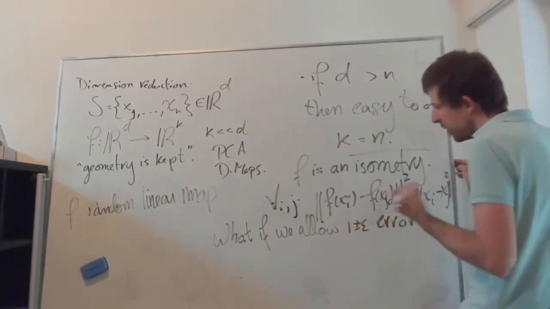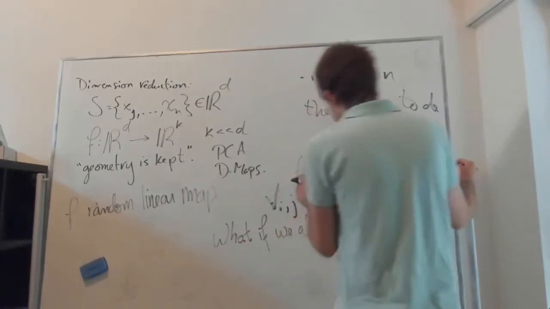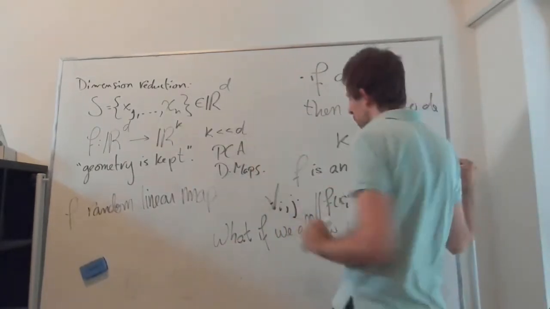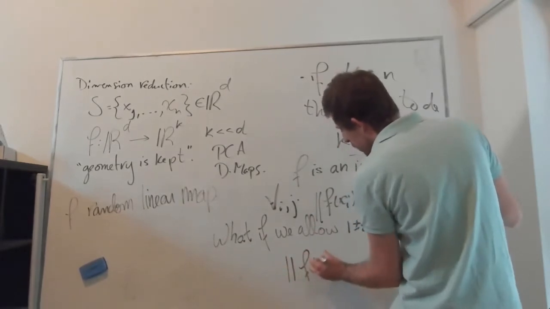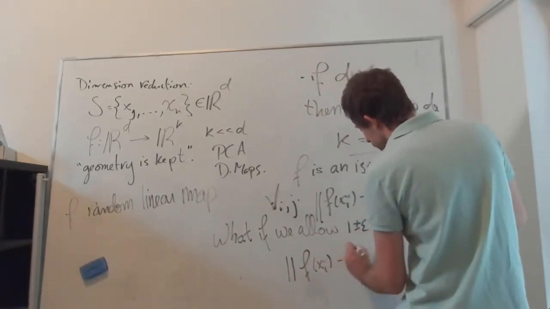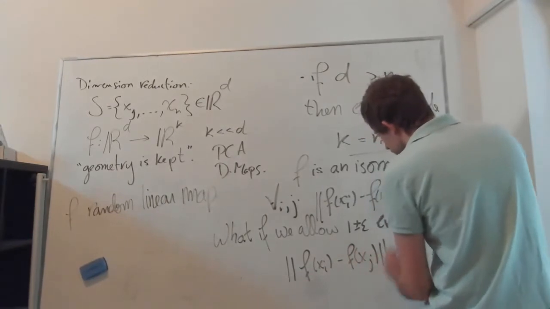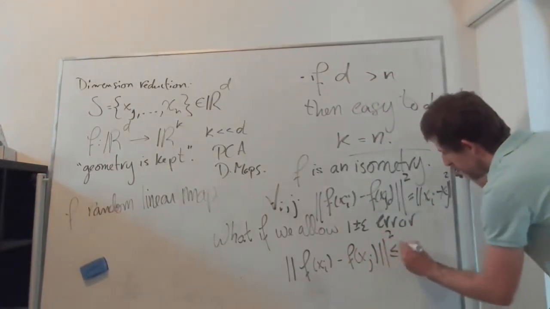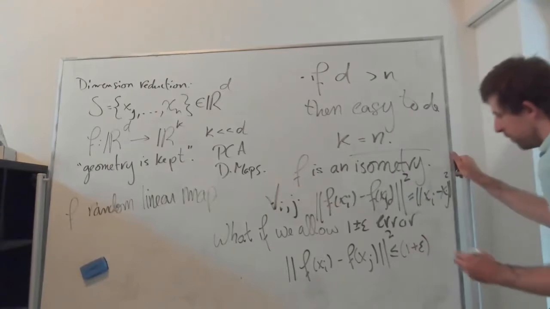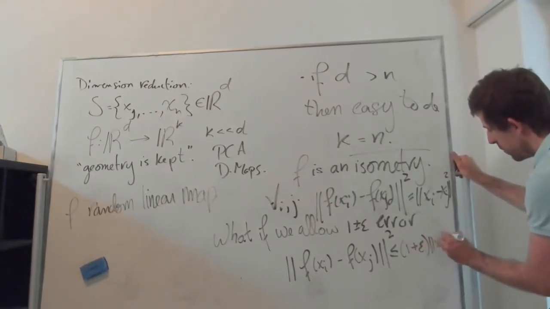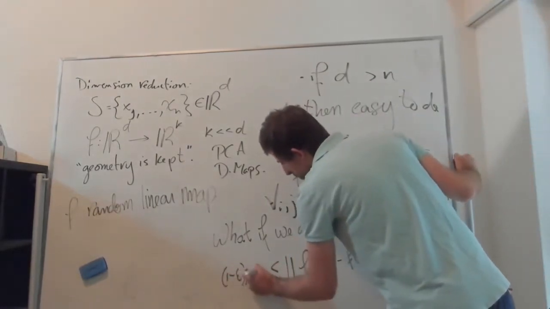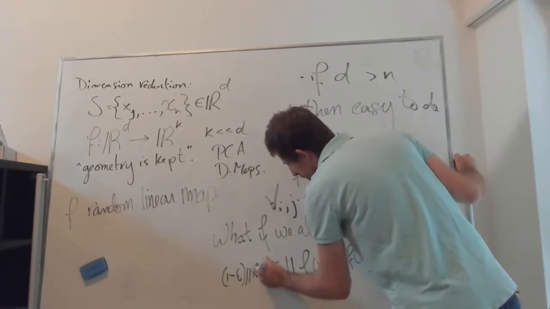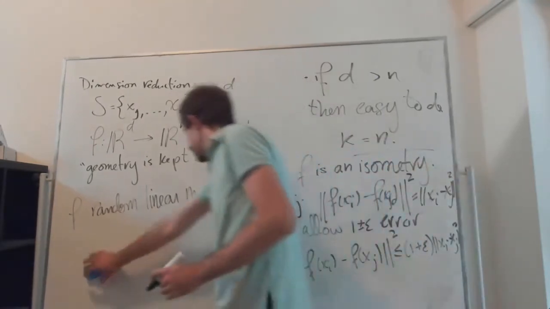What I mean by this is, what if we allow our map F that goes from R^d to R^k to preserve distances in the following sense: we want it to be an almost isometry, in the sense that if I take this squared norm, it is smaller or equal than 1 plus epsilon times the original distance between the points, and greater or equal than 1 minus epsilon times the original distance between the points.